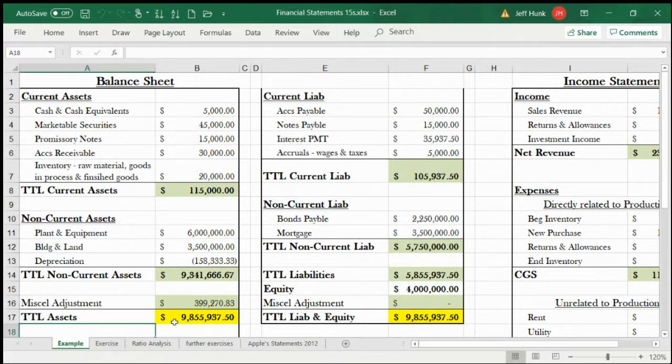So I'm going to come back to that later. But that is the first level of definition of assets, right? On the second level, assets equal liabilities and equity.